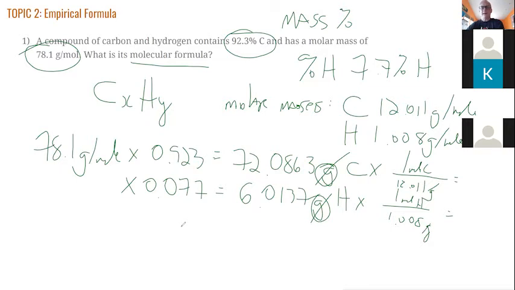So when I do that, how many moles of carbon do we have? 6.0016. 6.0016 moles of carbon. And how many moles of hydrogen?